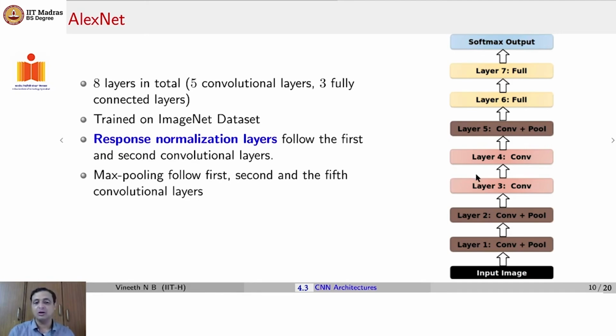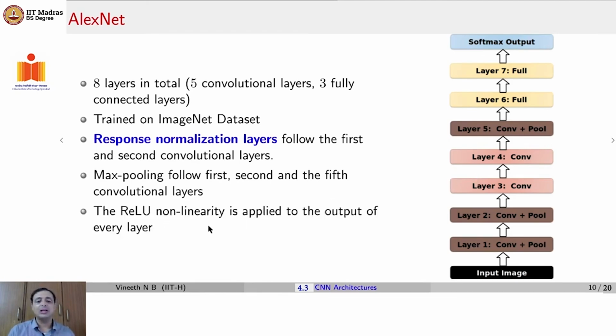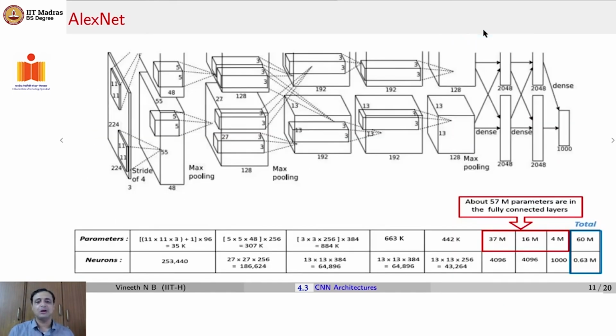The third and fourth did not have a pooling. And the ReLU nonlinearity was applied to the output of every layer in the entire architecture. Why was such a design chosen? At that time, perhaps that was the architecture that led to the best empirical performance.